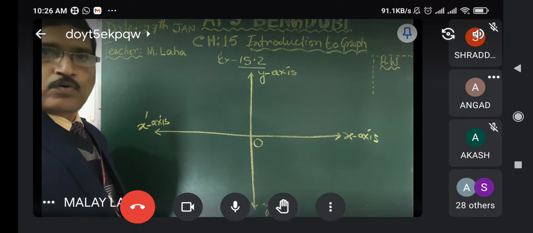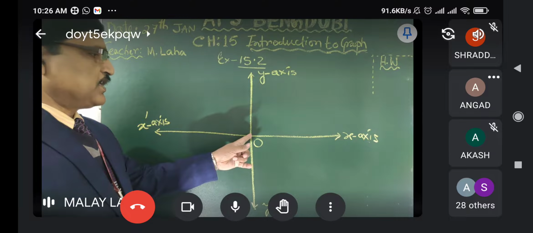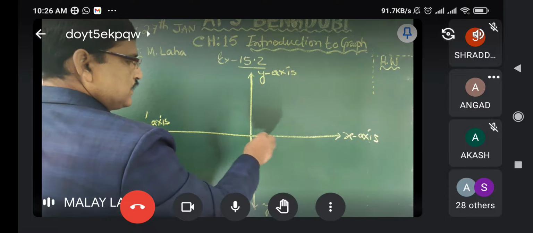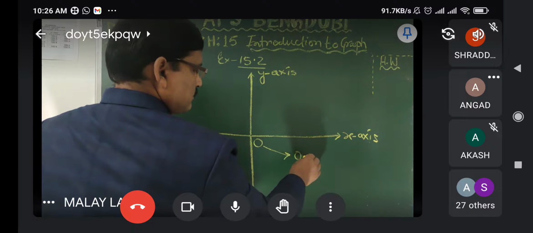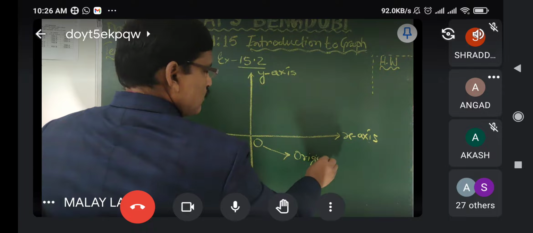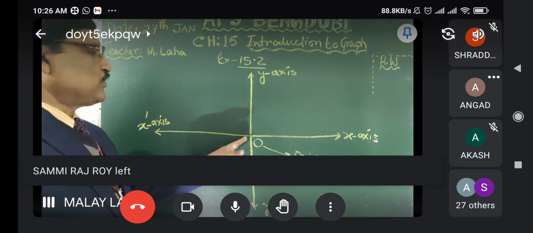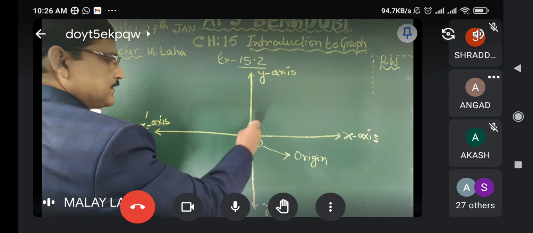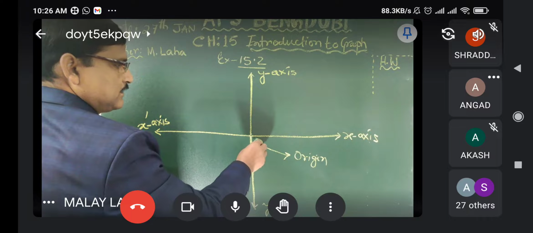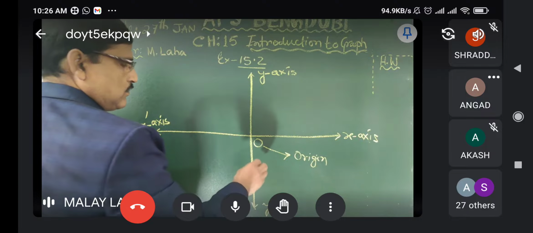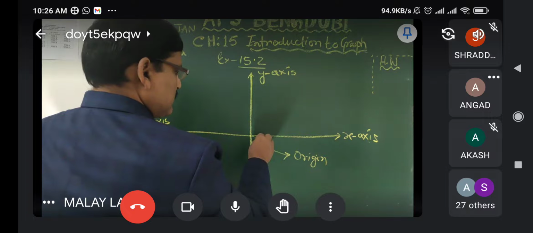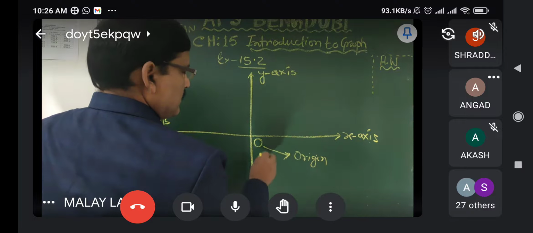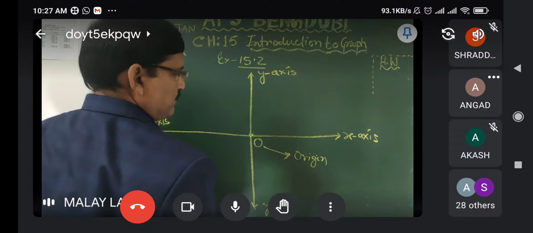Both the axes intersect at a point. That position, the starting point 0 of the x-axis and y-axis, is called the origin. Mark it: the point of intersection of the x-axis and y-axis is O, where both are 0, starting from here.